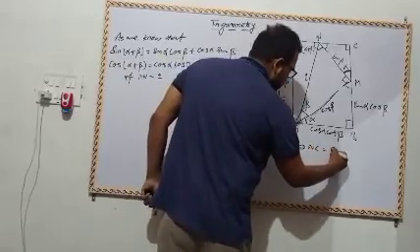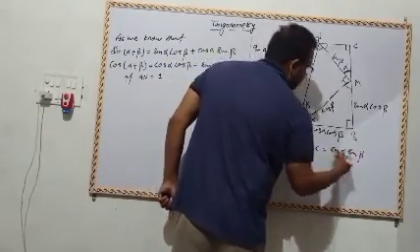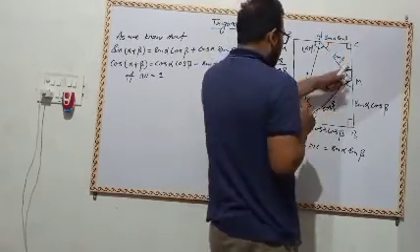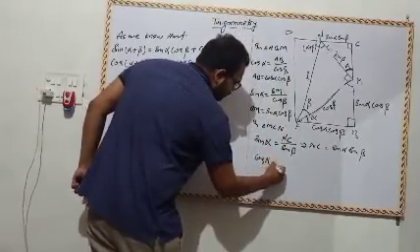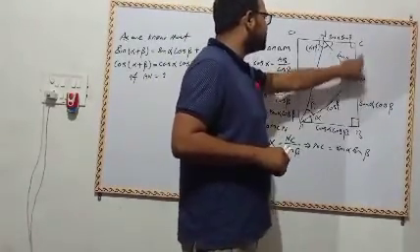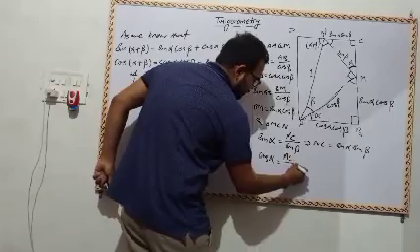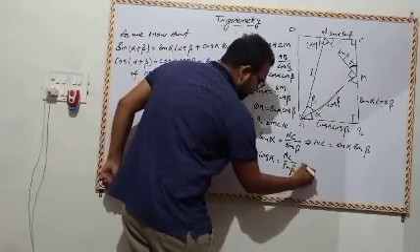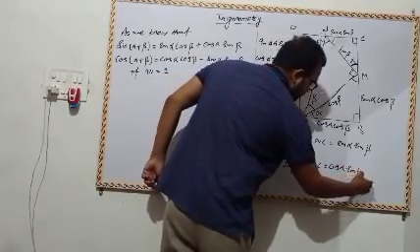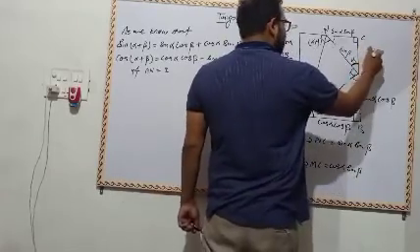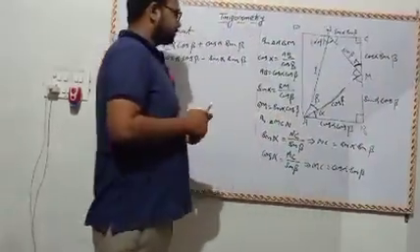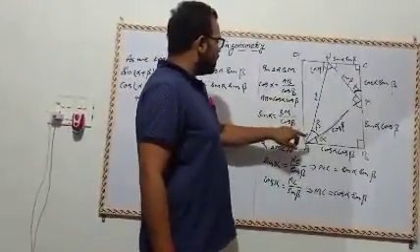That means NC is equal to sin alpha sin beta. Now we will take cos alpha. Cos alpha means base by hypotenuse. Base is MC by hypotenuse sin beta. So we will get MC equal to cos alpha sin beta.